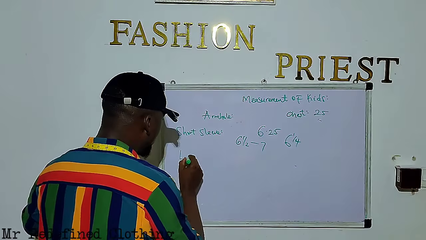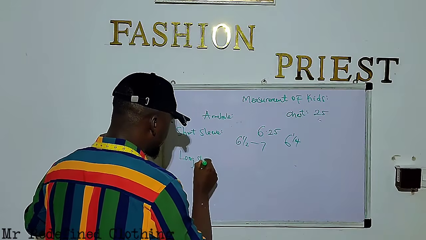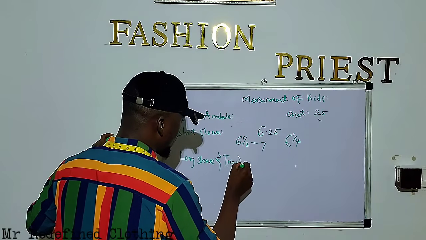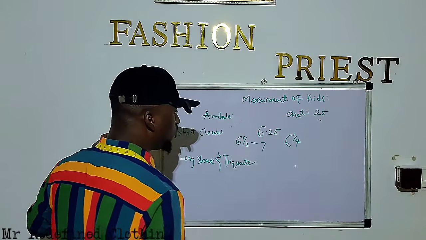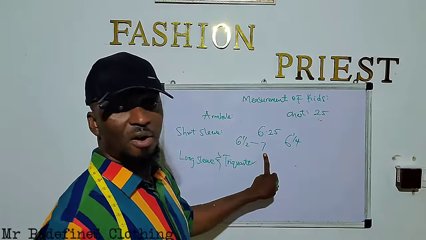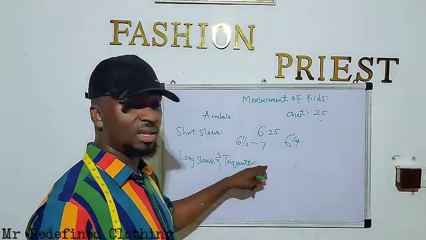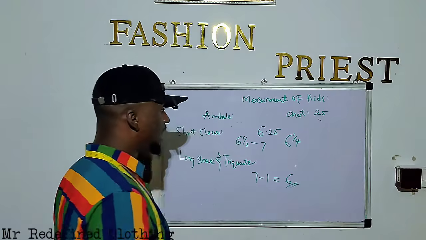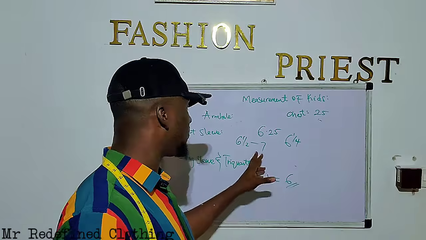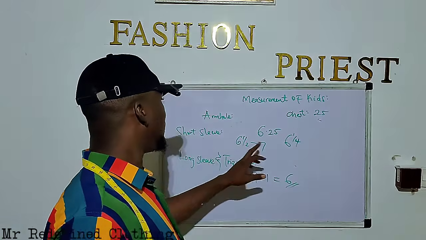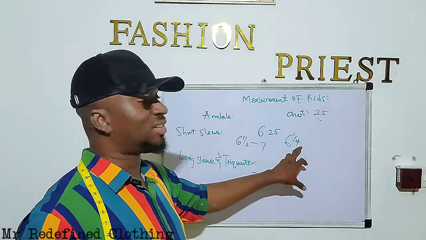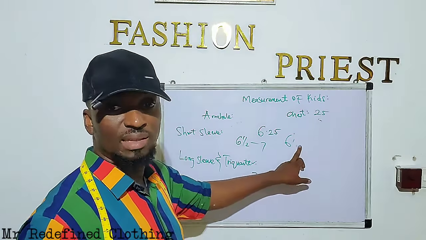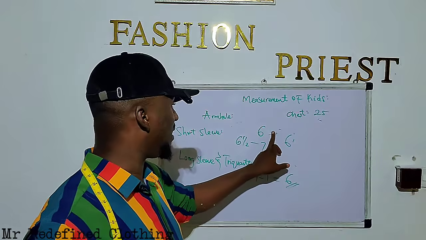Now, what happens to long sleeve and 3/4? What you do is, if you had used 7 for the armhole for short sleeve, you have to minus 1 from it and use 6, right? But if you're not making a long sleeve or whatsoever, when you get a division that gave you 6 1/4, just take the major whole number there and ignore the fraction, that's the 1/4 or the 2/5, whatever.